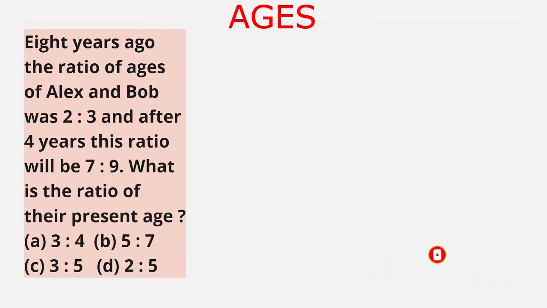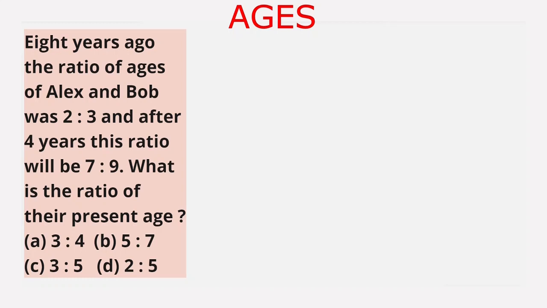We solve this question by two methods, one by the method of concept and the other by the shortcut method. It is given that 8 years ago, the ratio of ages of Alex and Bob was 2:3.